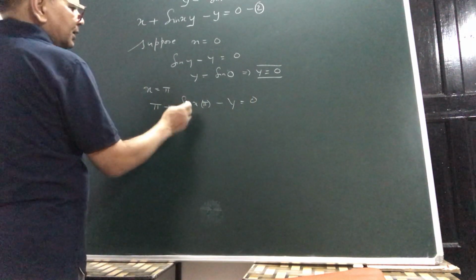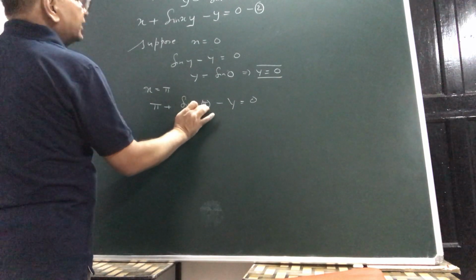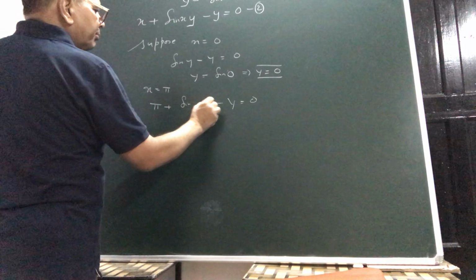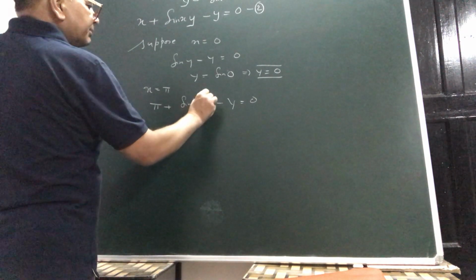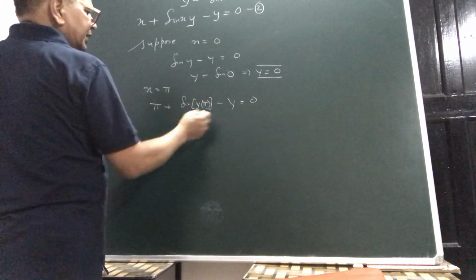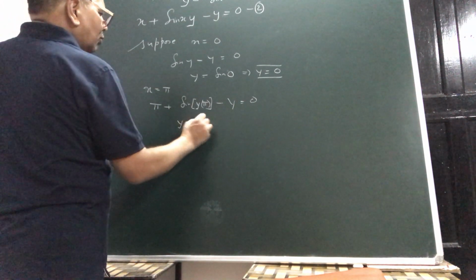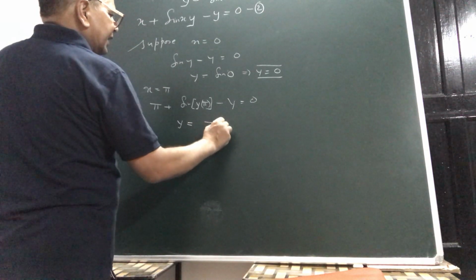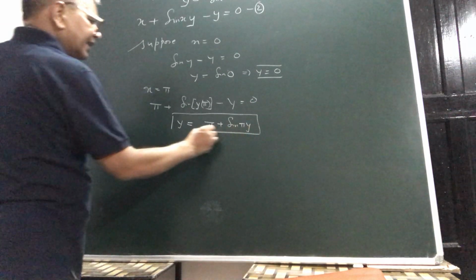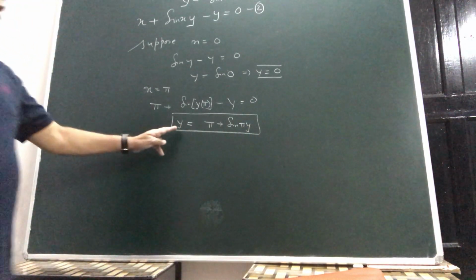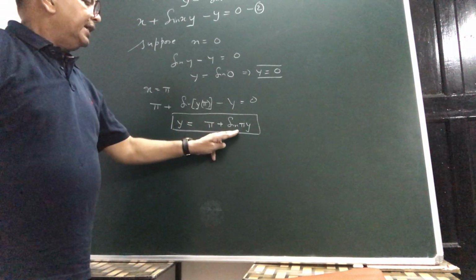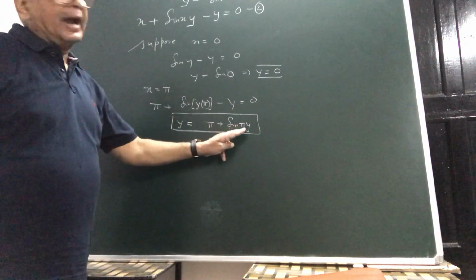At the place of x, I have written pi, please see, and y stays as it is. So y will be equal to pi plus sine pi y. This is at best what you will get here.